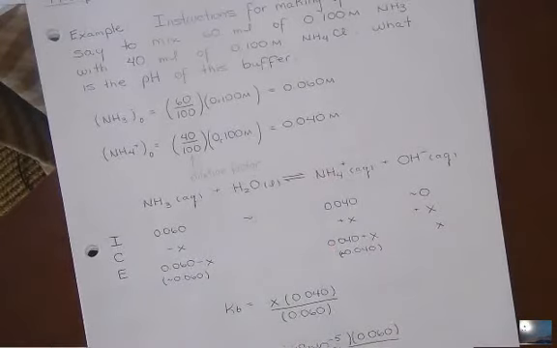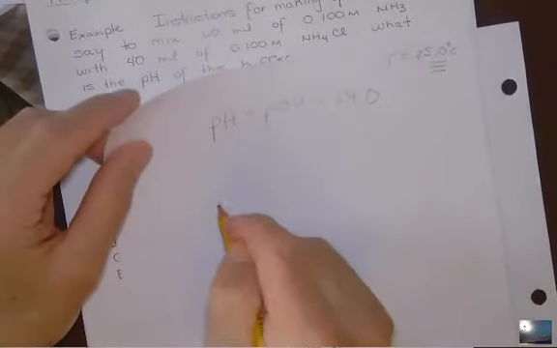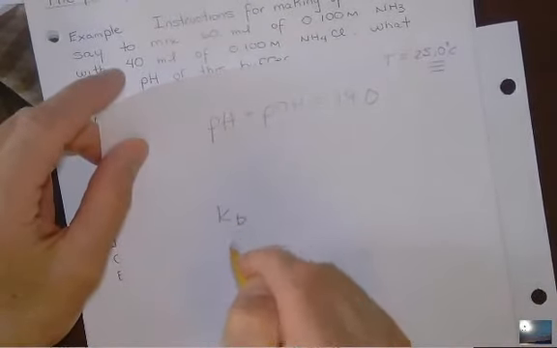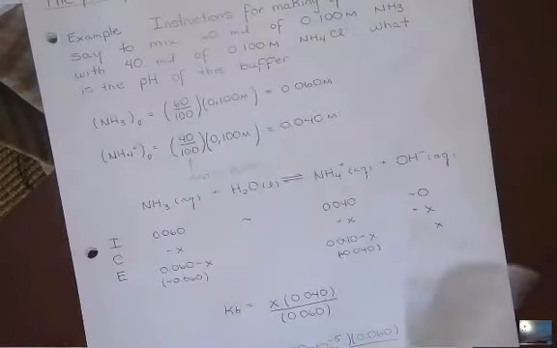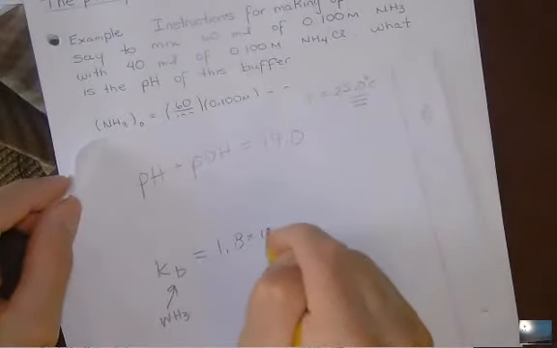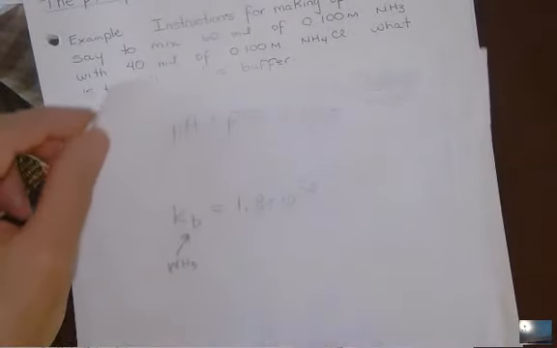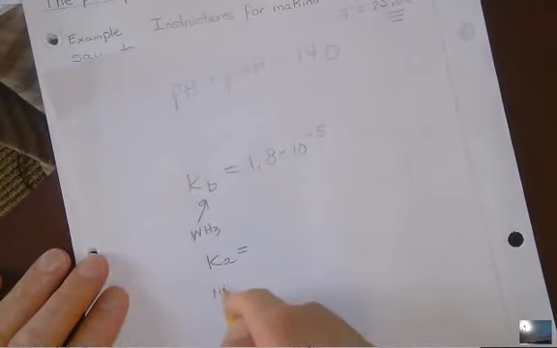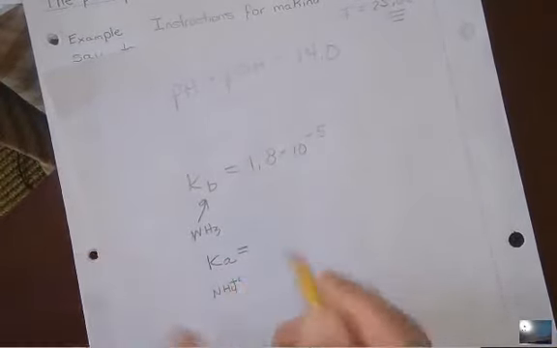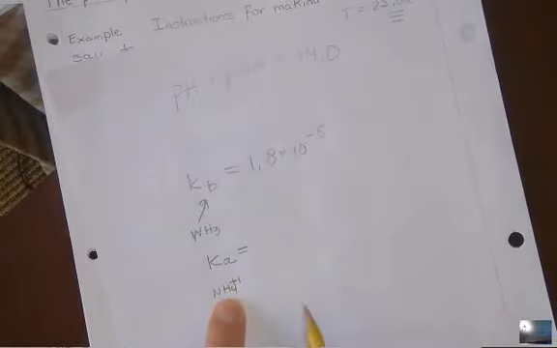It's kind of cool. Right? We know Kb for ammonia. We said it was 1.8 times 10 to the minus 5. So the Ka, how strong of an acid, how good is ammonium at dropping off one proton?